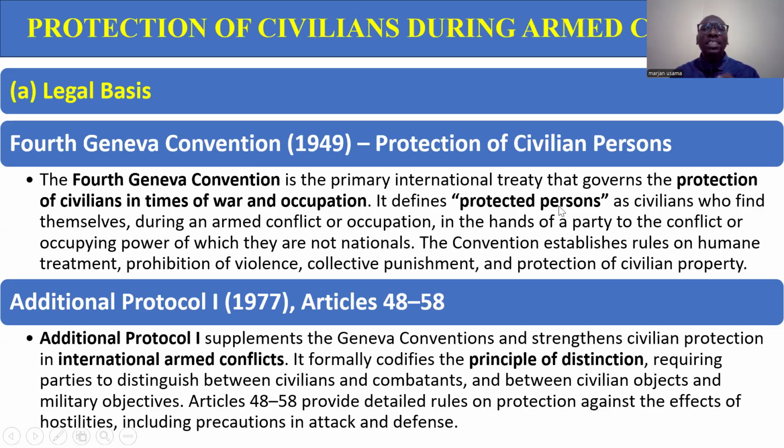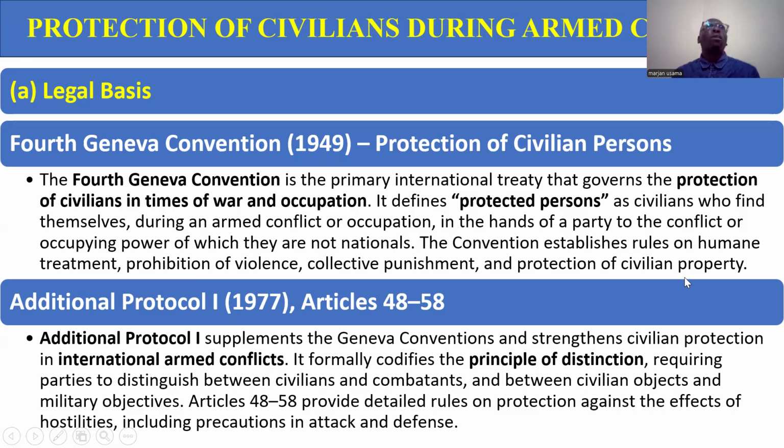It defines protected persons as civilians who find themselves during armed conflict or occupation in the hands of a party to the conflict or occupying power of which they are not nationals. The convention establishes rules on humane treatment, prohibition of violence, collective punishment, and protection of civilian property.